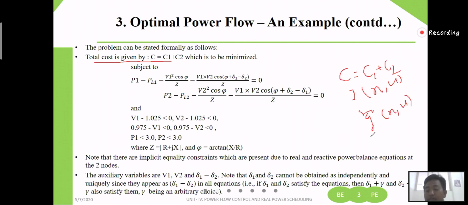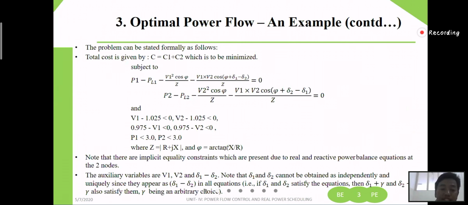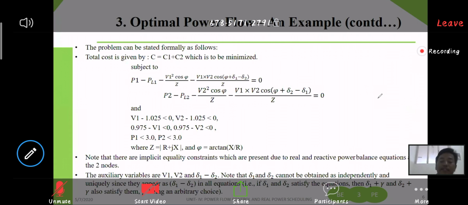Again, optimization means we also have to consider the inequality constraint: h minimum should be less than or equal to h of x comma u. You know that, but here it is not given directly as g of x comma u and the inequality constraint.